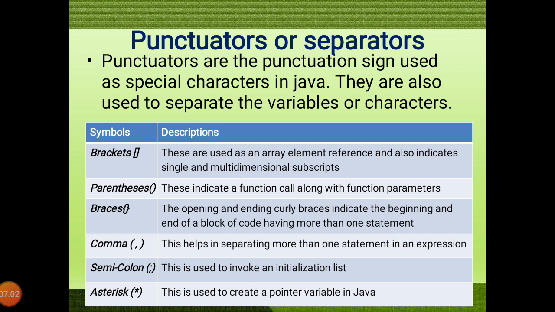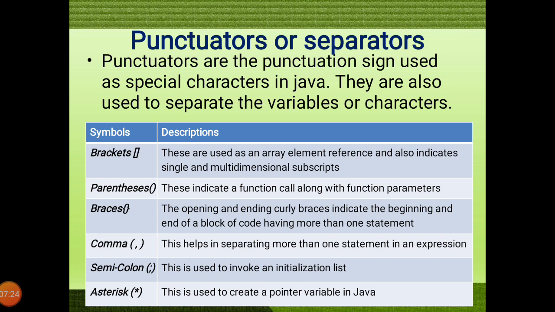It means we separate two Java statements with the help of a semicolon. So the semicolon is a separator. Some examples of punctuators are brackets. Brackets are used for defining arrays, single dimension arrays or double dimension arrays.